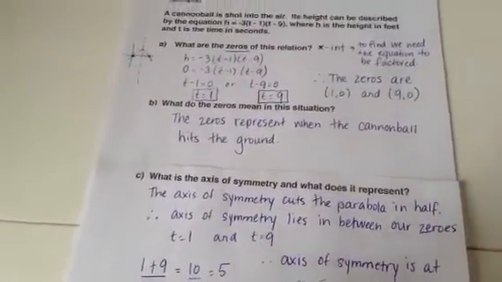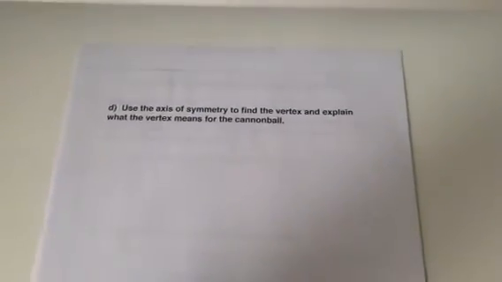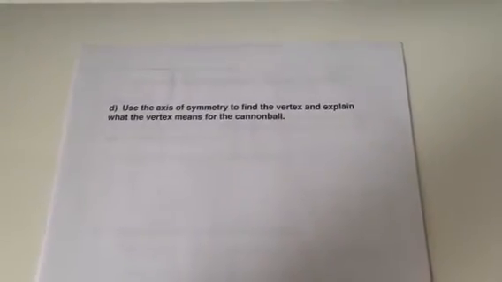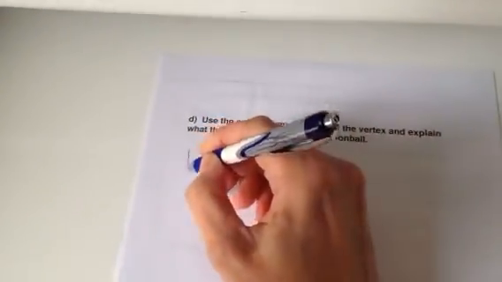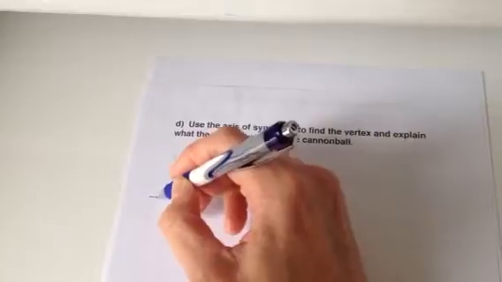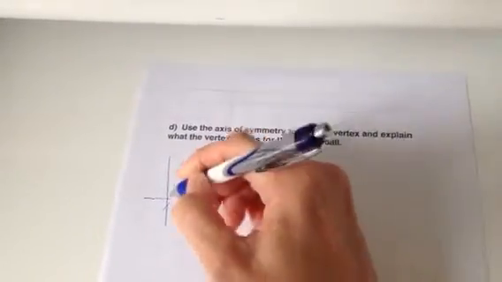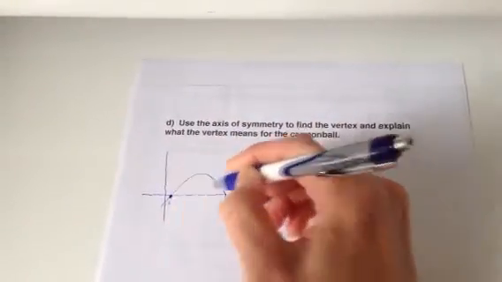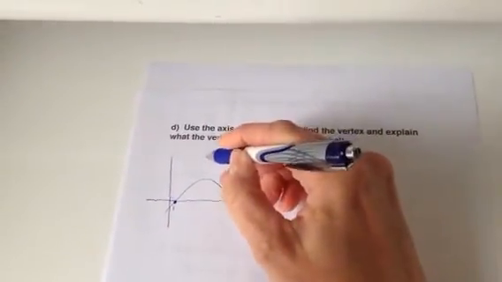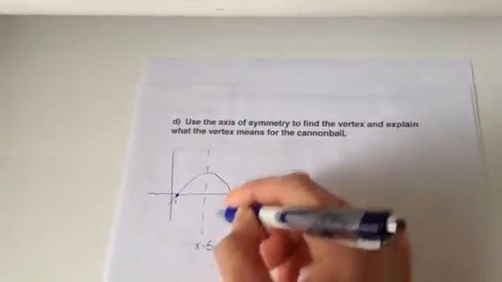Okay, last question of this one. Use the axis of symmetry to find the vertex and explain what the vertex means for the cannonball. So I'll do a little drawing again. So if these are our two zeros at 1 and 9, we know that our axis of symmetry occurs at x equals 5.